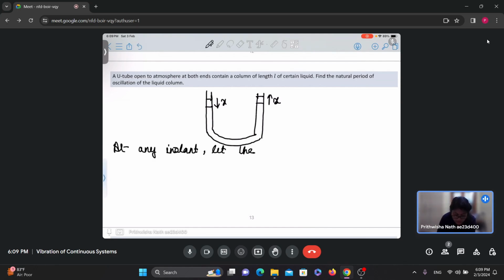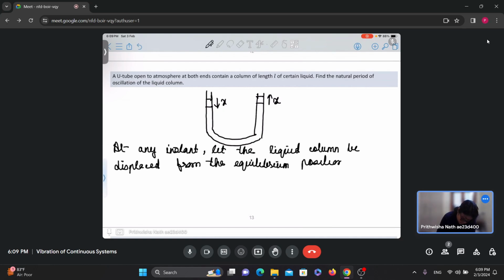Let the liquid column be displaced from the equilibrium position through a distance x.